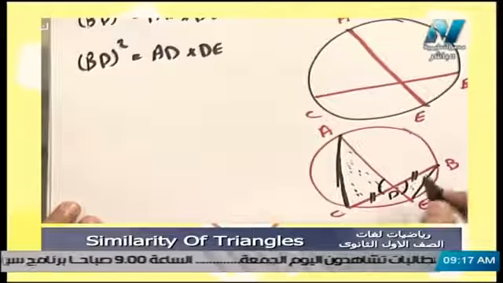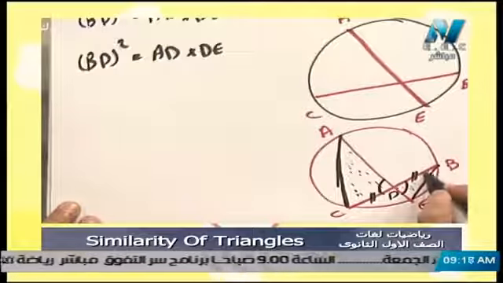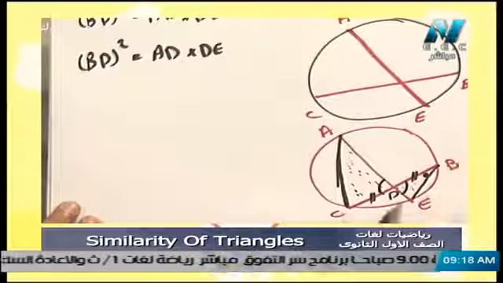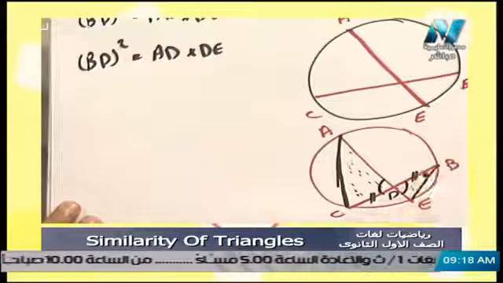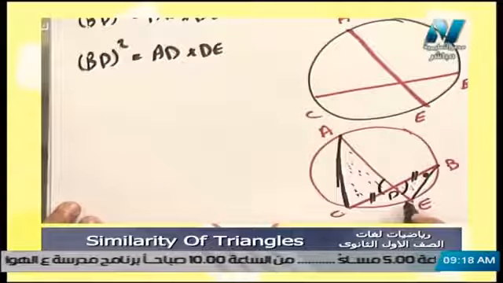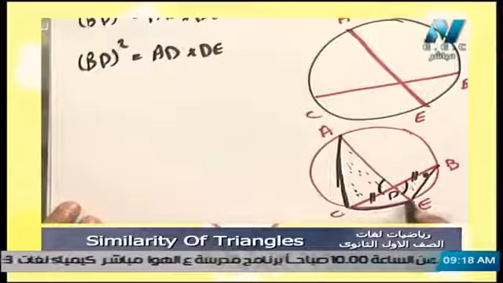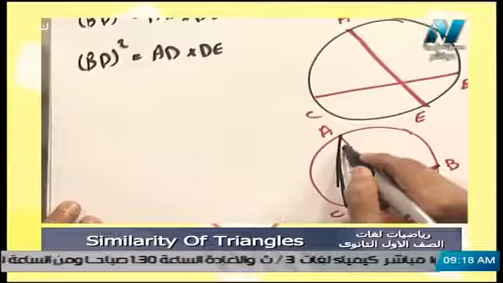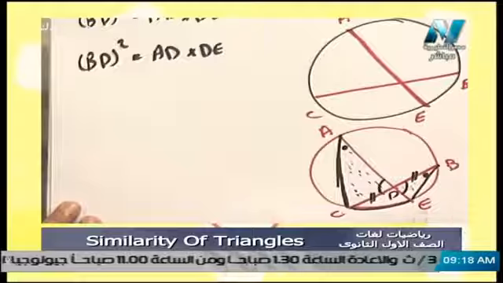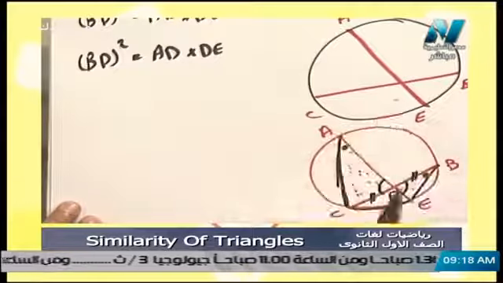And if we look here at this angle EBC, it's an inscribed angle to the arc CE. It equals the measure of the other inscribed angle EAC.